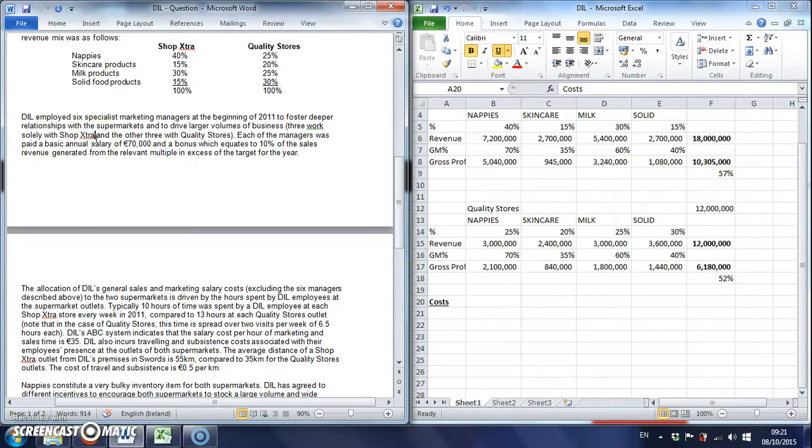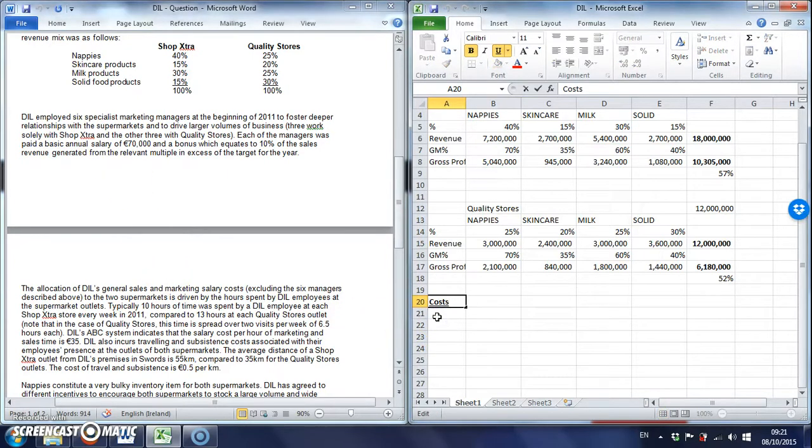So the first thing we're going to look at now is the marketing managers. So we look at the marketing managers, and we look at Extra, and we look at Quality. Just look at them separately. So DIL employs 6 specialist marketing managers to foster deeper relationships. 3 work for Extra and 3 work for Quality Store. Each is paid a basic annual salary of 70,000.